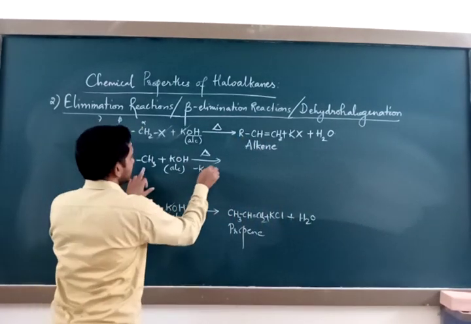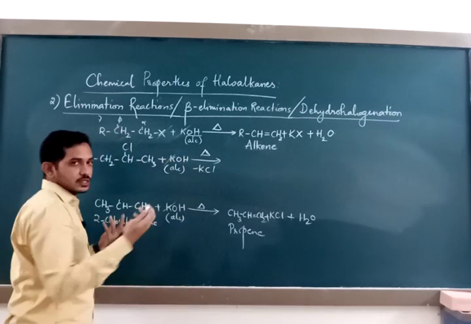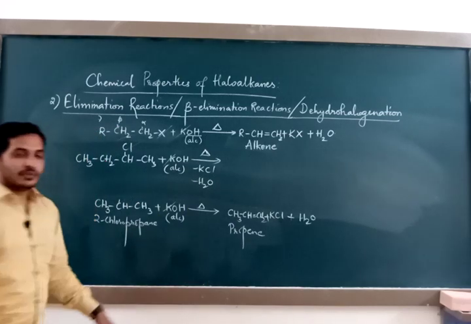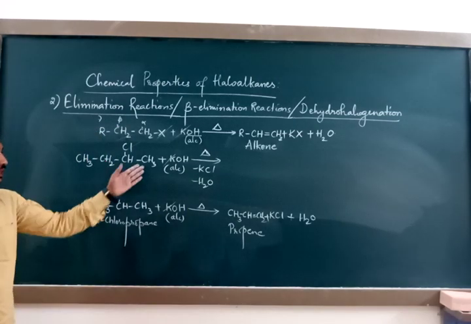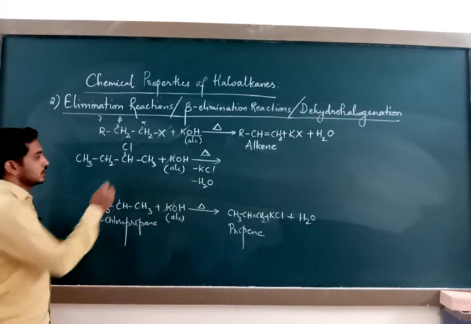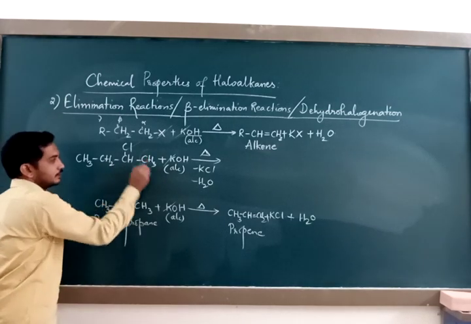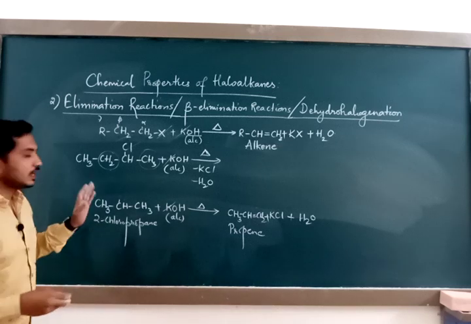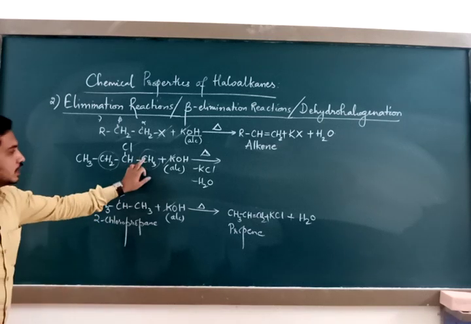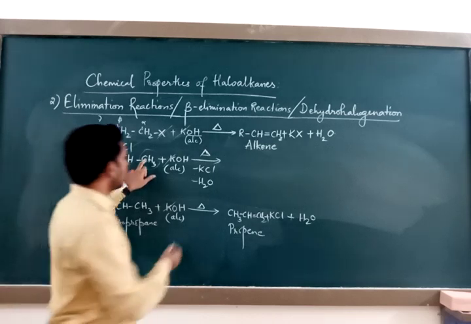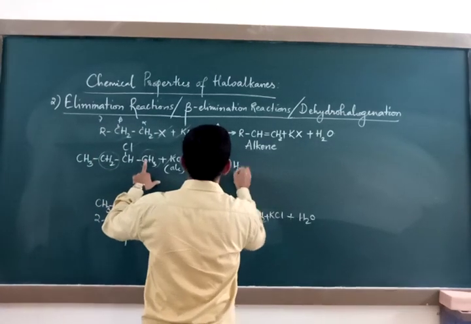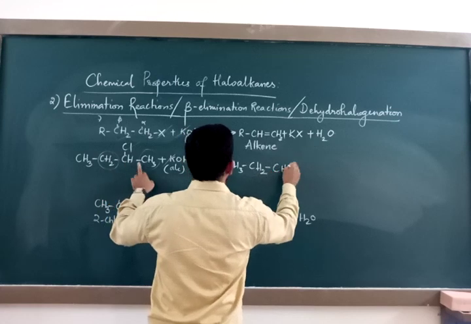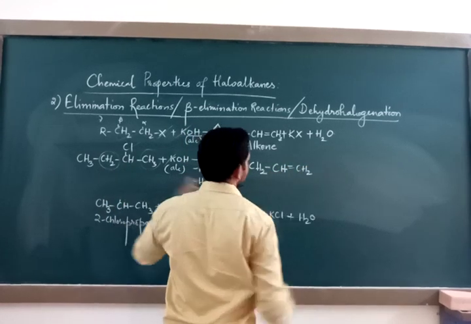You will eliminate KCl, K from here, Cl from here, that is for sure. Now you will eliminate water also. From where should you remove hydrogen in this example? You have two chances, either from this carbon or from this carbon. Assume you are removing hydrogen from here, then your product will be CH3CH2CH double bond CH2.